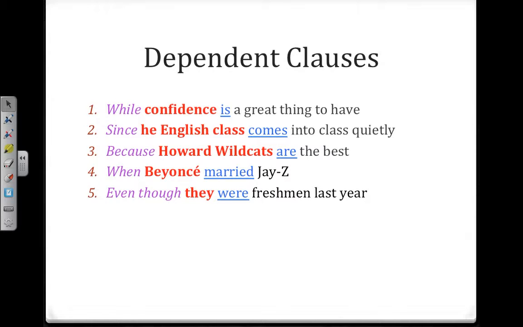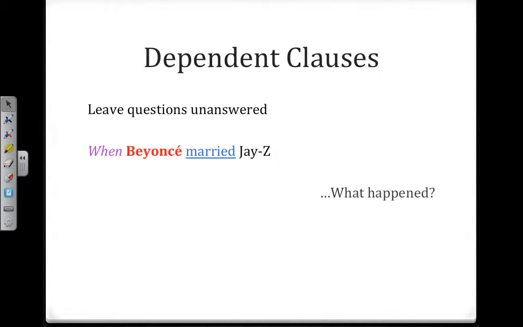While confidence is a great thing to have, since English class comes into class early, because Howard Wildcats are the best, when Beyonce married Jay-Z, even though they were freshmen last year, you'll notice that each of these dependent clauses is leaving questions unanswered. When Beyonce married Jay-Z, what happened? The dependent clause by itself does not tell us.